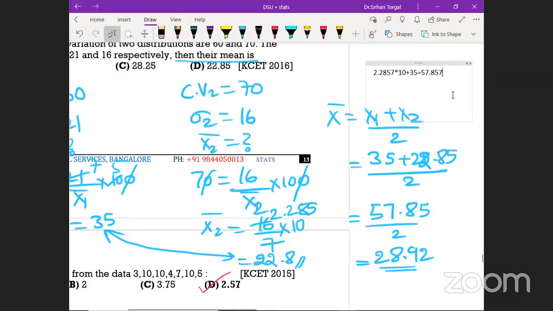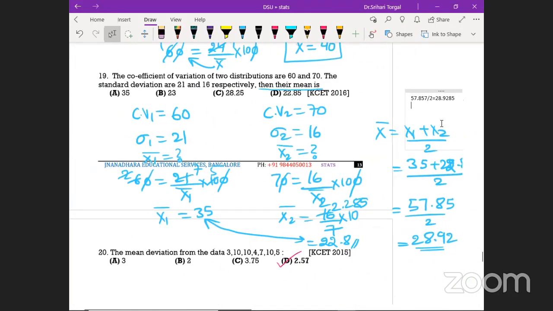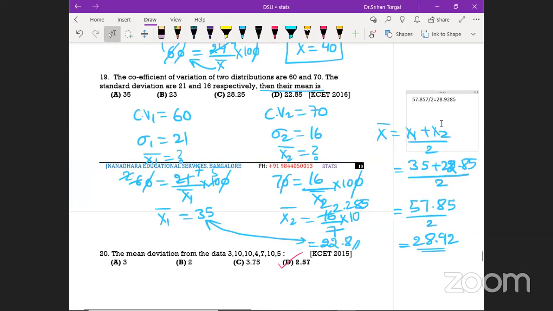It is 57.85 divided by 2, which is 28.92. You don't have any such option, right? Let me re-verify the data. 60 and 21, correct? And 70 and 16, yes. And then x2. Everything is right.